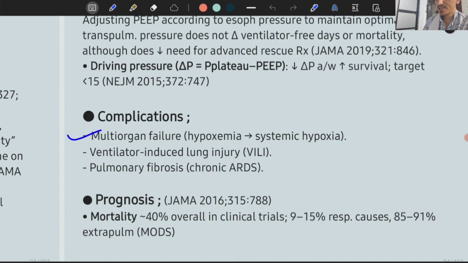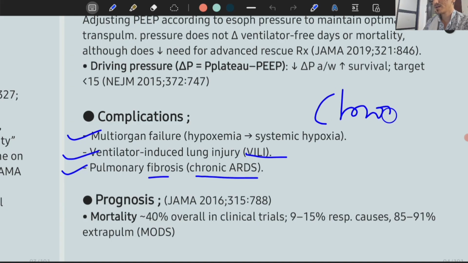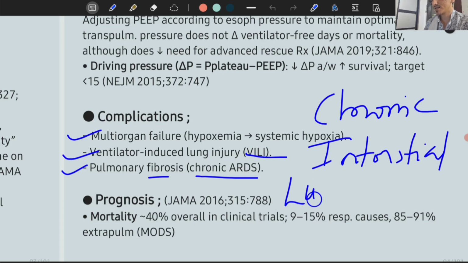And iatrogenic damage is ventilator-induced lung injury. If you don't adjust the ventilator settings, which we have discussed till now, then the ventilator itself will cause injury to the lungs. Many patients will not go into the fibrosis stage, but some patients will go on into the fibrotic stage and develop chronic ARDS, which is nothing but chronic interstitial lung disease.